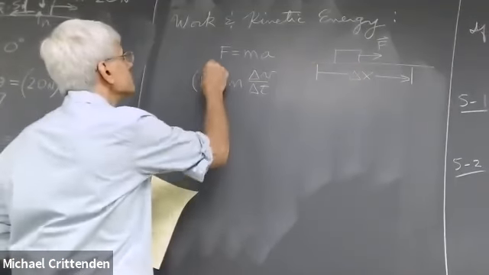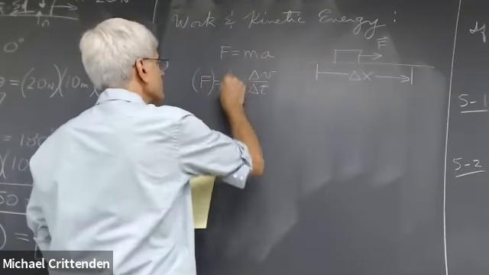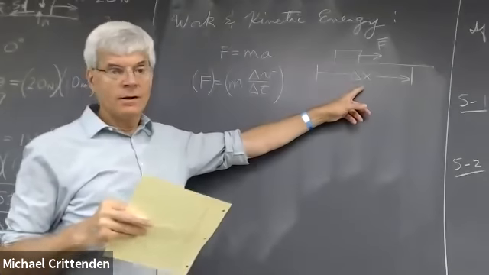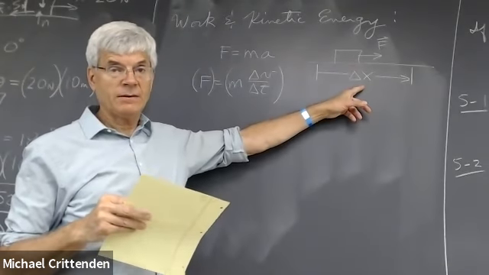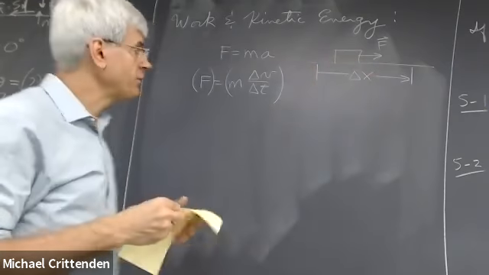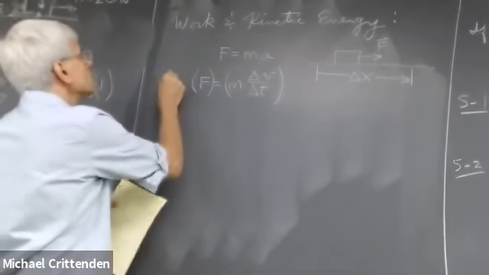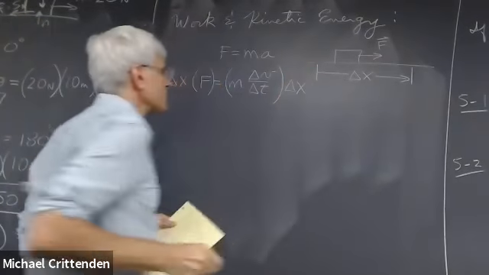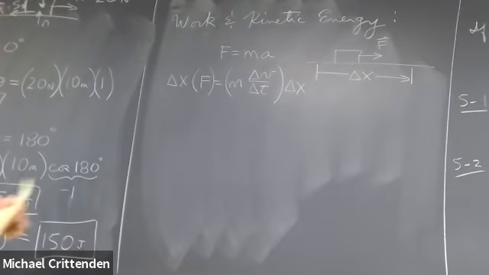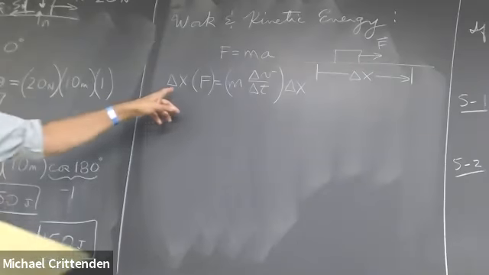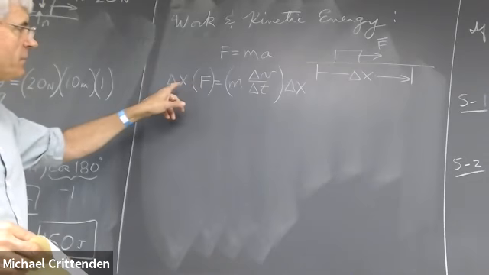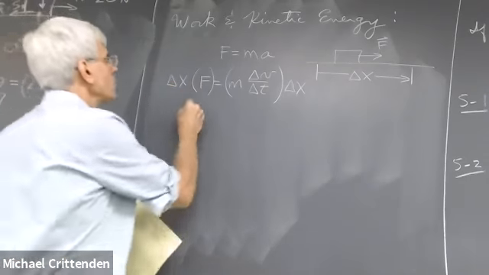Also, I'm going to multiply both sides of this equation by the displacement, delta x, how far does the glider move? Something that might also be infinitesimal if you decide you need to take a limit. The reason I did that is because the force times the displacement would be the work done.